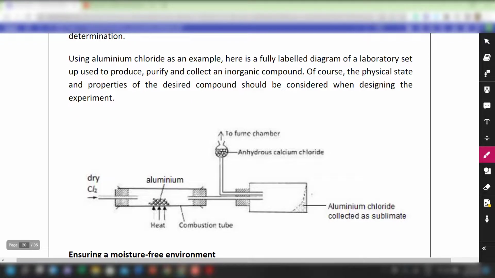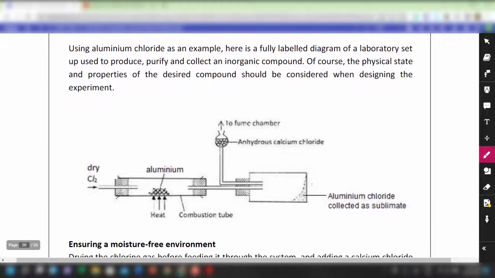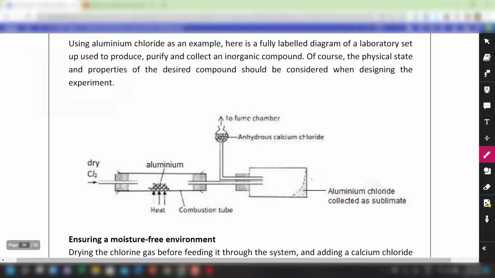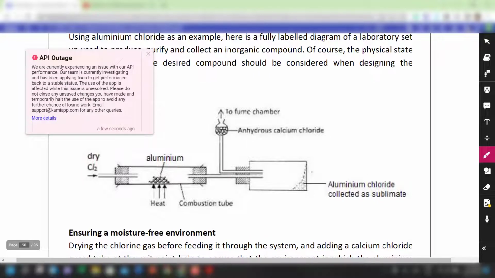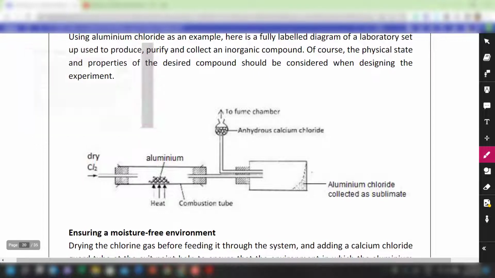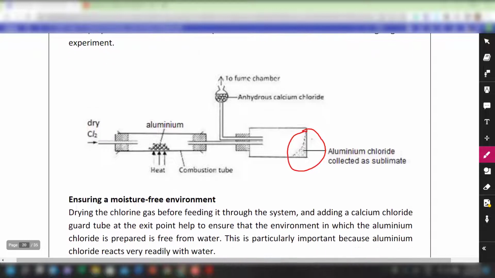Of course in the process I need the anhydrous calcium chloride to also ensure that the environment is moisture free. Eventually the aluminium chloride formed will be sublimed over at this particular region.